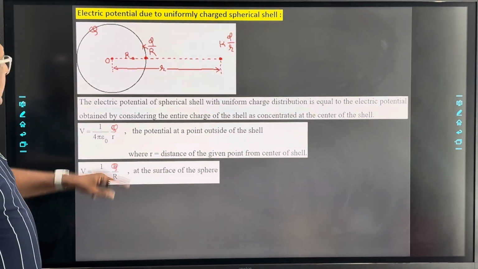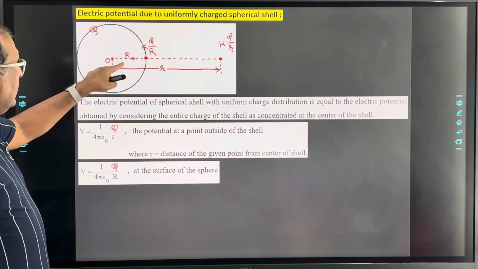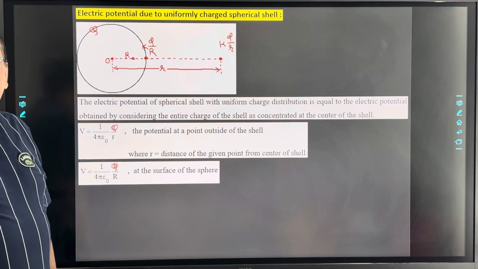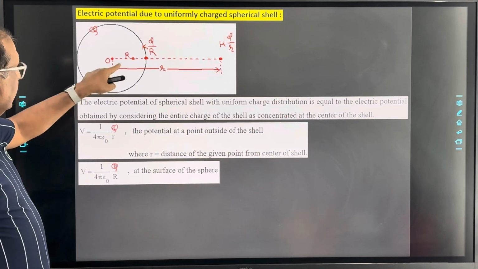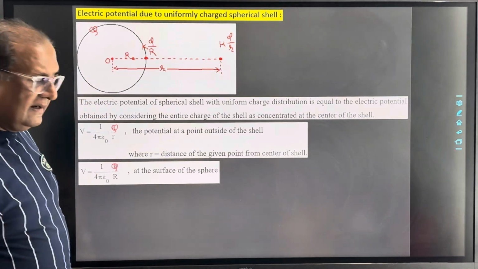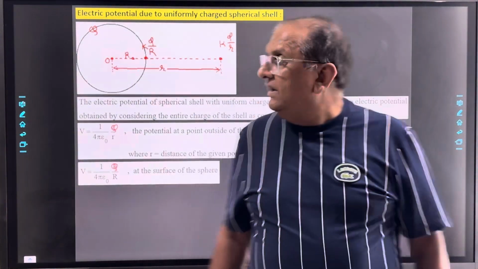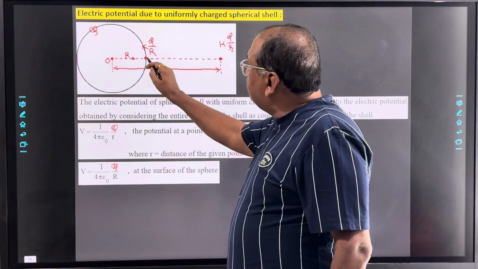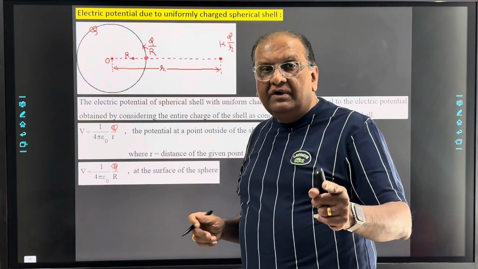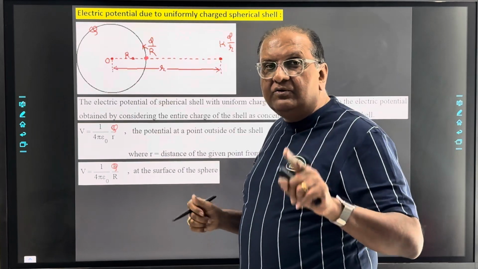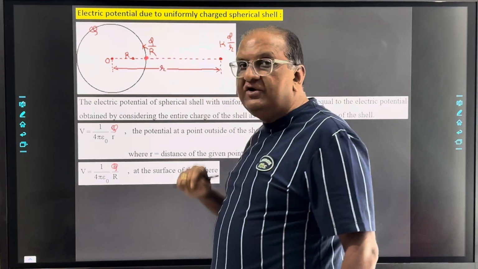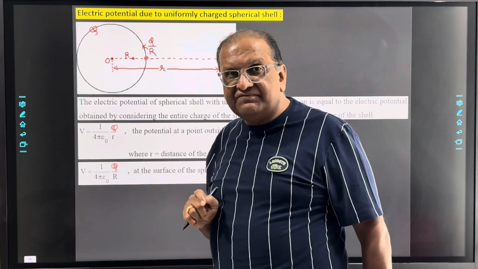Clear? Okay. Now, if we want the potential at any point inside the spherical shell, meaning this distance r is less than capital R. Up to the surface, we have the work done to bring a unit positive charge from infinity, that is 1 upon 4 pi epsilon 0 Q by R, because that is the potential at the surface.